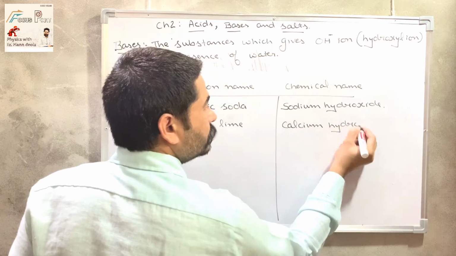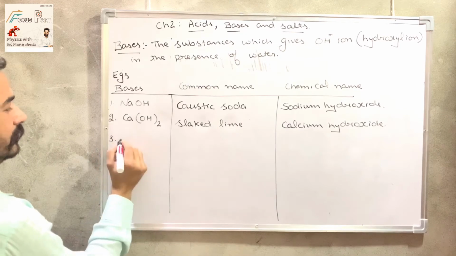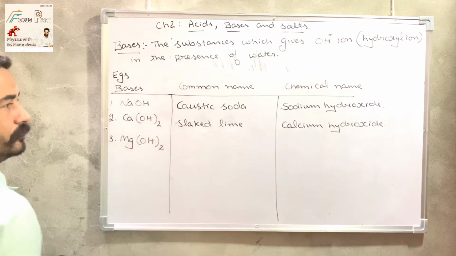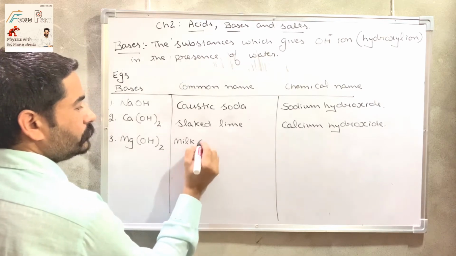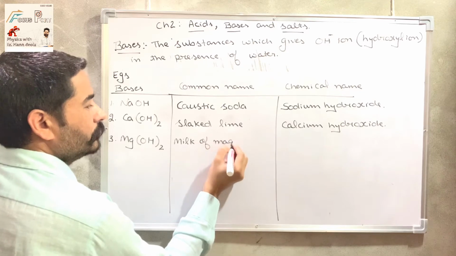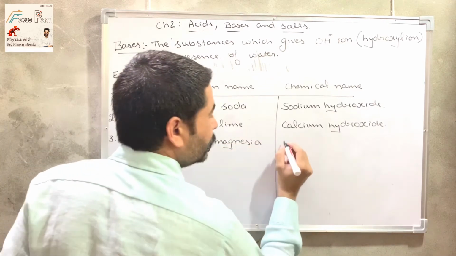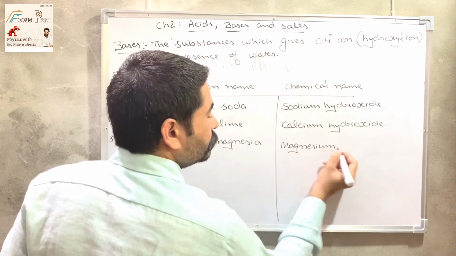Calcium hydroxide. Then magnesium hydroxide, and its common name is milk of magnesia. Again, the chemical name is magnesium hydroxide.